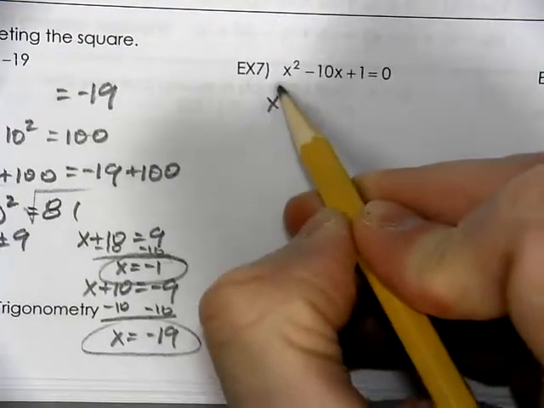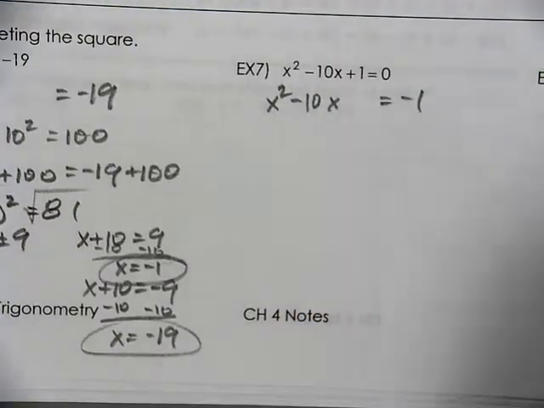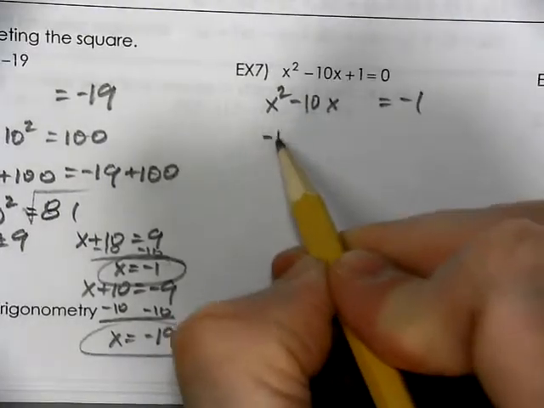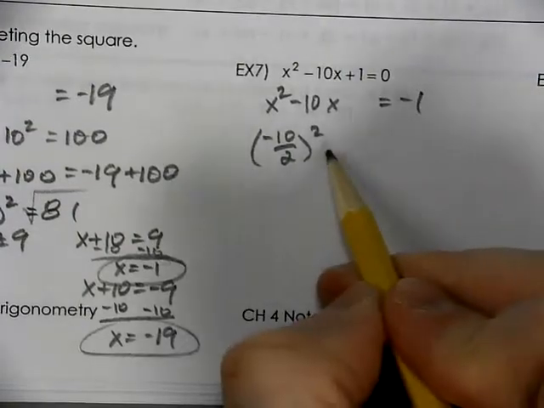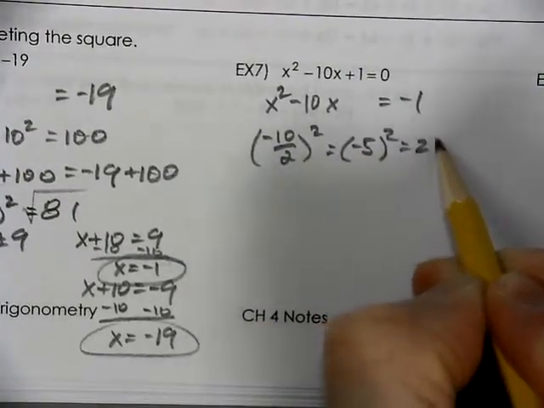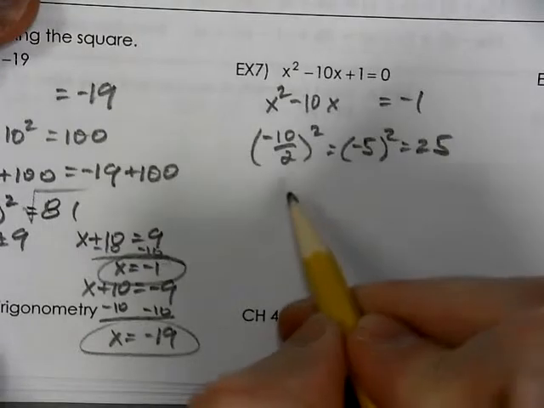So let's consider completing the square. So we're going to move the 1 across, take our b value divided by 2, square it, so that gives us the number -5, or gives us the number 25.